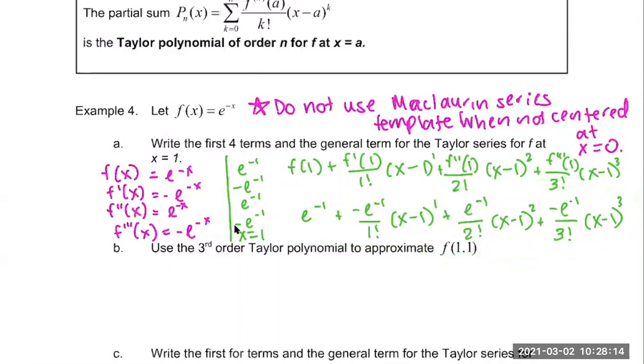I don't think I treated this as a calculator question. So go ahead and plug it in and then just leave your answer. So you can say that f of 1.1 is going to be approximately, and then plug in 1.1. 1.1 minus 1 is just 0.1, so I'm just going to put 0.1 in there.